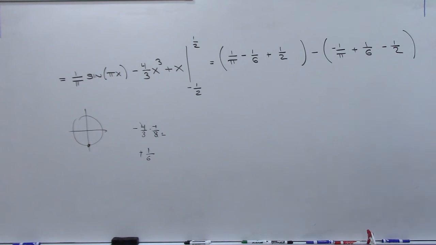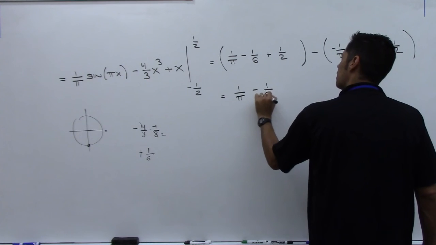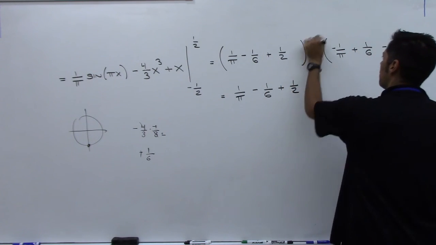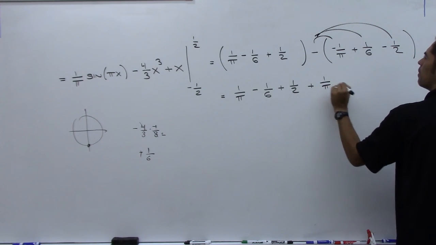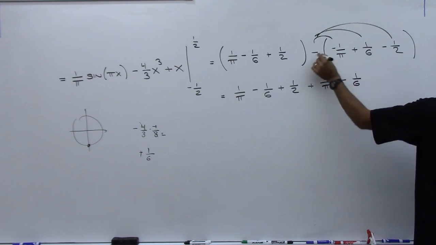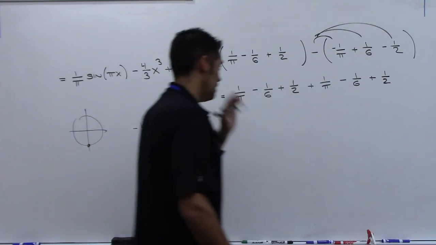All right. This is 1 over pi minus 1/6 plus 1/2. Distribute the negative through. Plus 1 over pi minus 1/6 plus 1/2. All right, nothing cancels here.